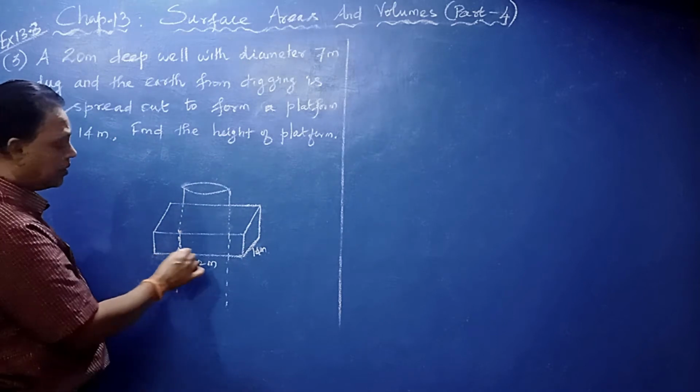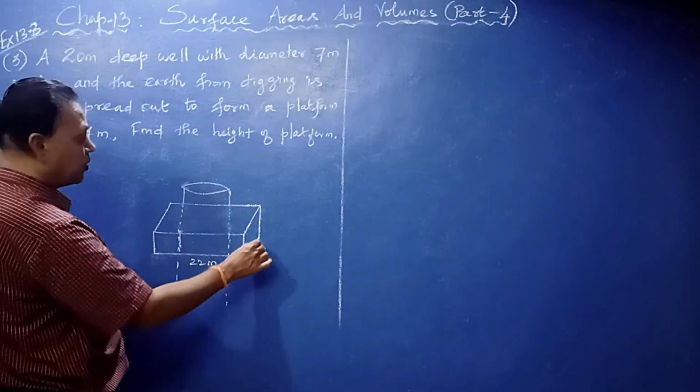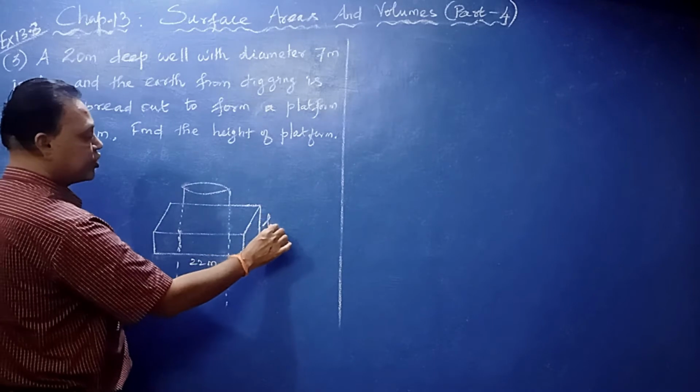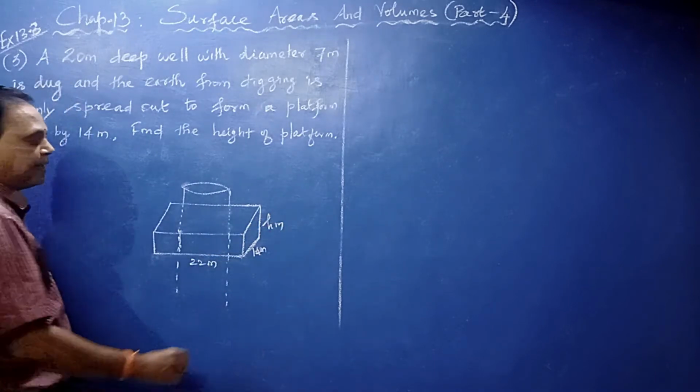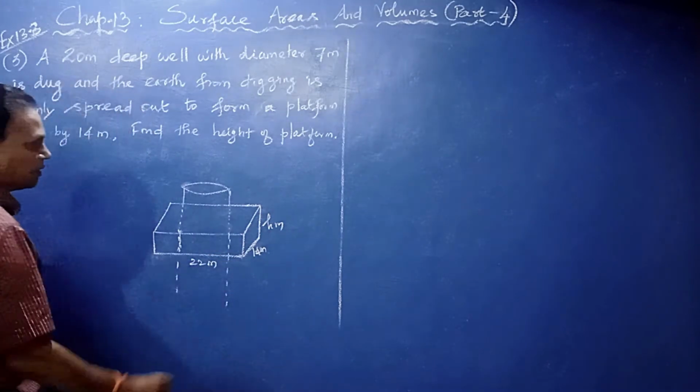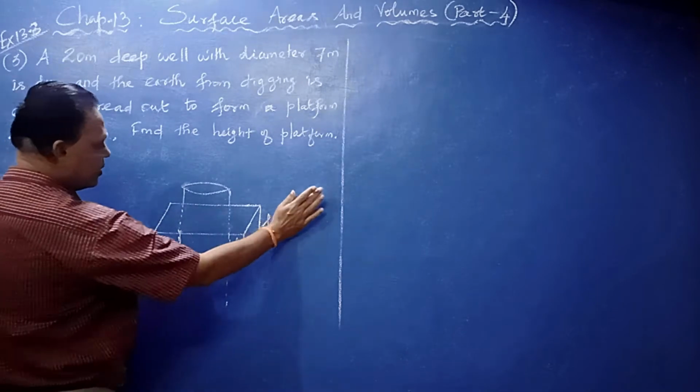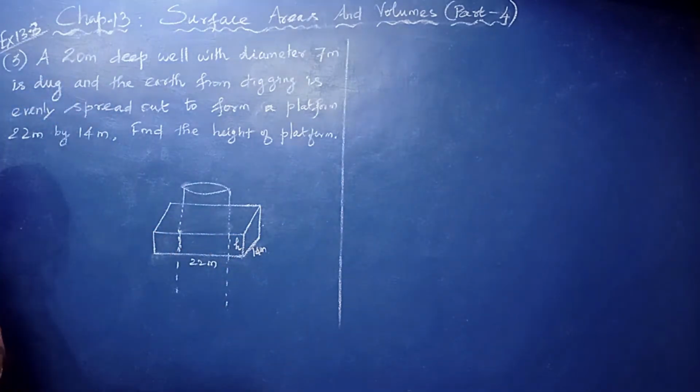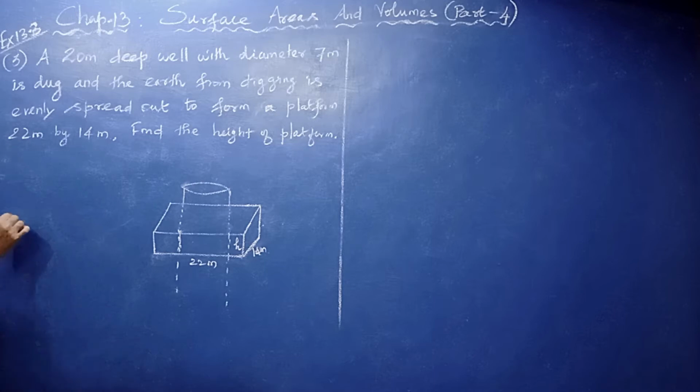The length is 22 meter, breadth 14 meter, and the height you take as h meter. Now you do the solution.